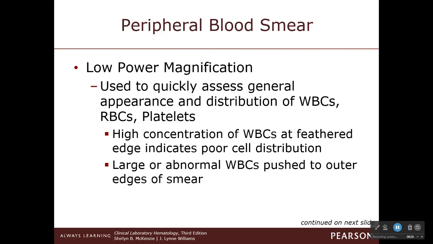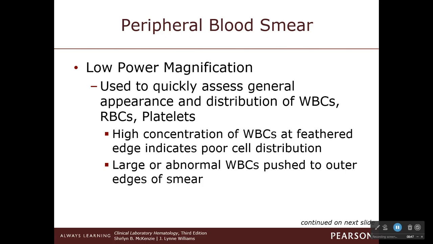So we have our slide, like we have looked at multiple times now, and we should have blood kind of distributed in this pattern, okay? So when on low, we want to look in this area that we're going to probably count and make sure we've got good distribution of those white cells, okay?